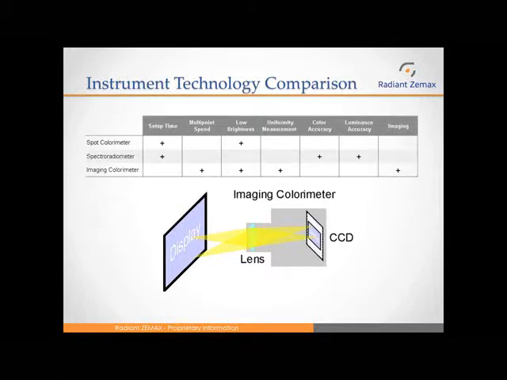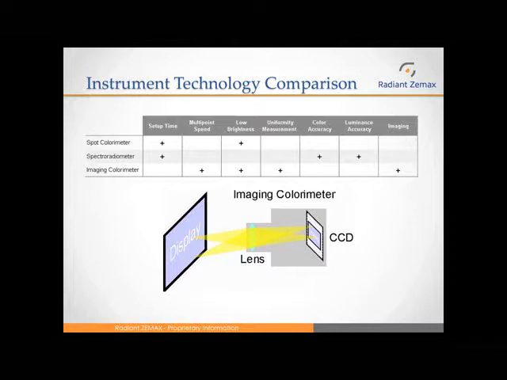Okay, so for some perspective here, we have instrument technology comparison. There are three types of technology listed here, and then the relative benefits of each type. So a spot colorimeter is probably the simplest and the cheapest.